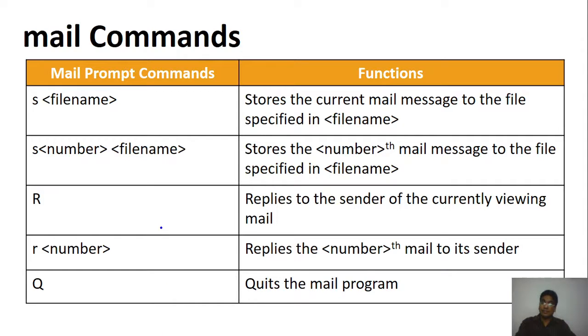For example, I want to save the third mail to timetable.doc. In that case, the third mail will be stored in a file called timetable.doc. So it will be there in your home directory. You can always check that.